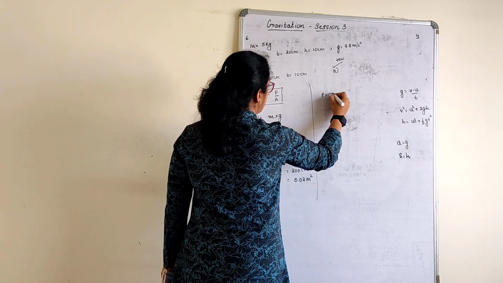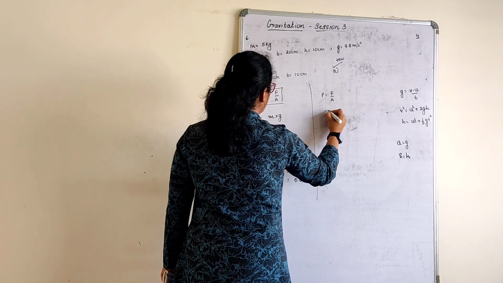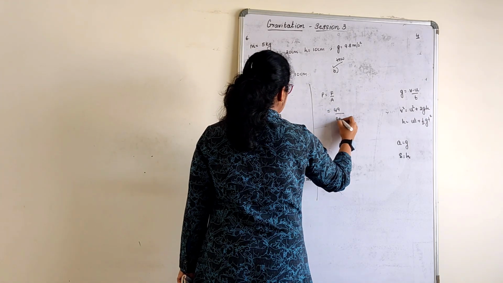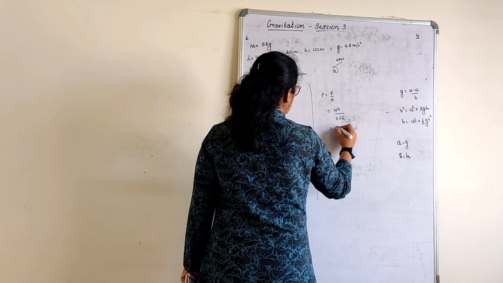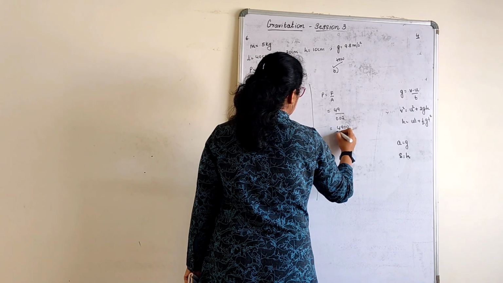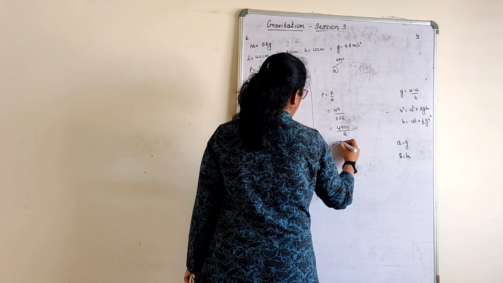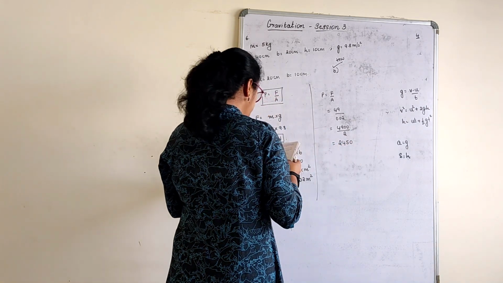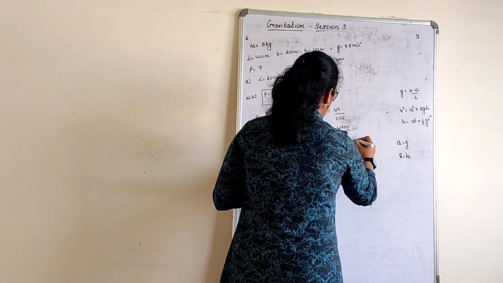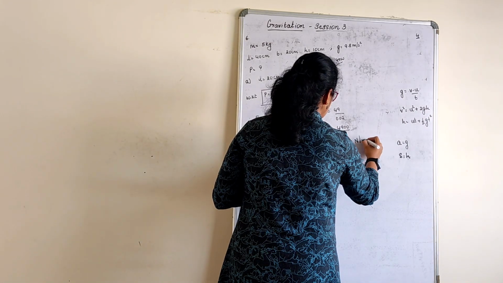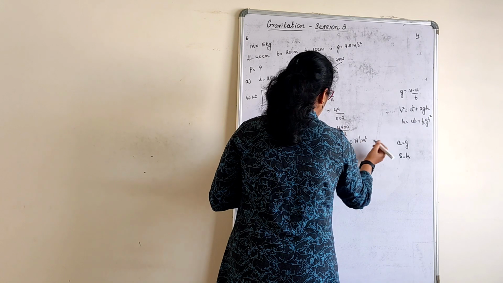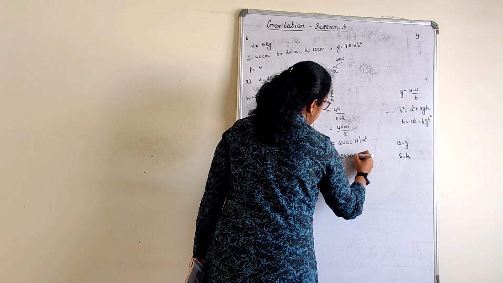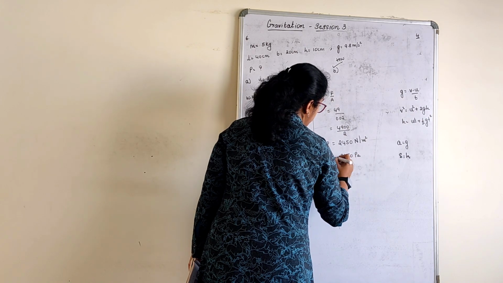I think by now children you should know all the conversions clearly. Again, we'll write the formula. Pressure is equal to force upon area. How much is force? 49 divided by 0.02. You can remove the decimals if you want. 4900 divided by 2. 2 2s are 4, 2 4s are 8, 2 5s are 10, 0. 2450 Newton per meter square, or you can give this as 2450 Pascal.